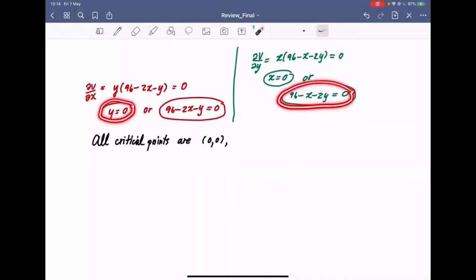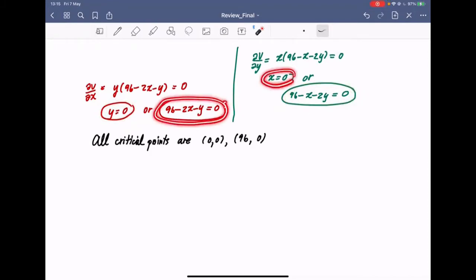If you match these, when y equal to 0, you plug in 0 over there and you get x equal to 96. So x equal to 96, y equal to 0. Another one is if you match the other two equations: x equal to 0 and y equal to 96, right? Because you plug in x equal to 0 here, you get y equal to 96.